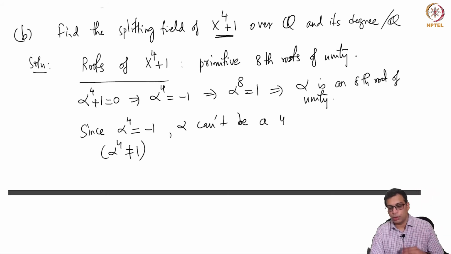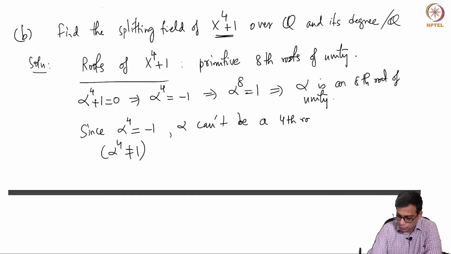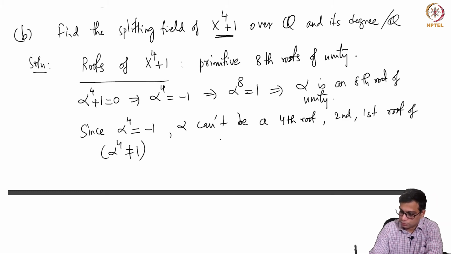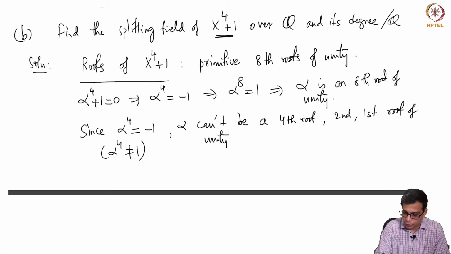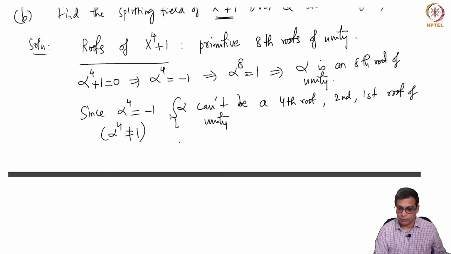Any 8th root of unity is either a 4th root, a 2nd root, or a 1st root of unity, or primitive. So if alpha^8 is 1, then either alpha is 1, or alpha^2 is 1, or alpha^4 is 1, or it is a primitive 8th root. It can't be any of the first three, so alpha is a primitive 8th root of unity.